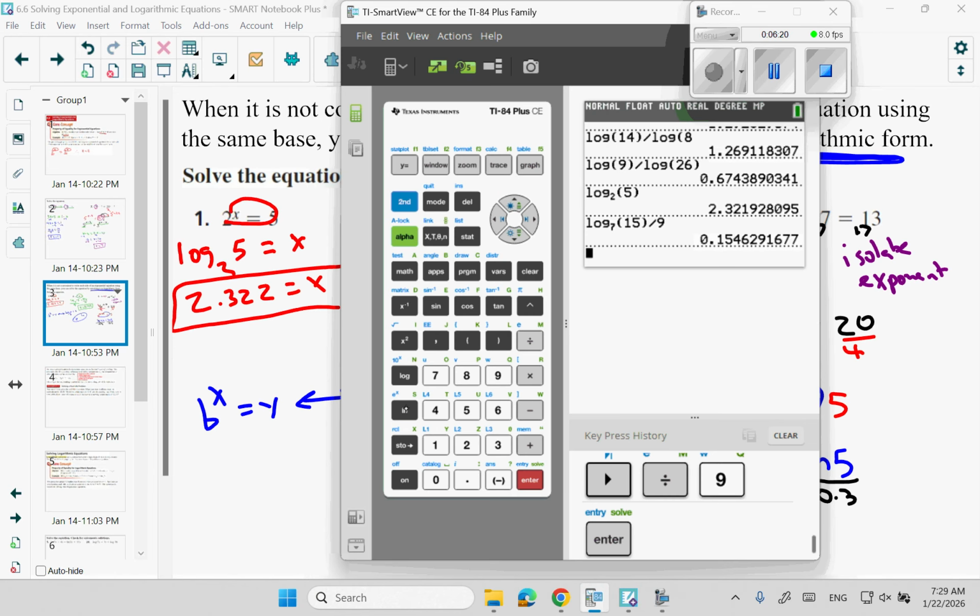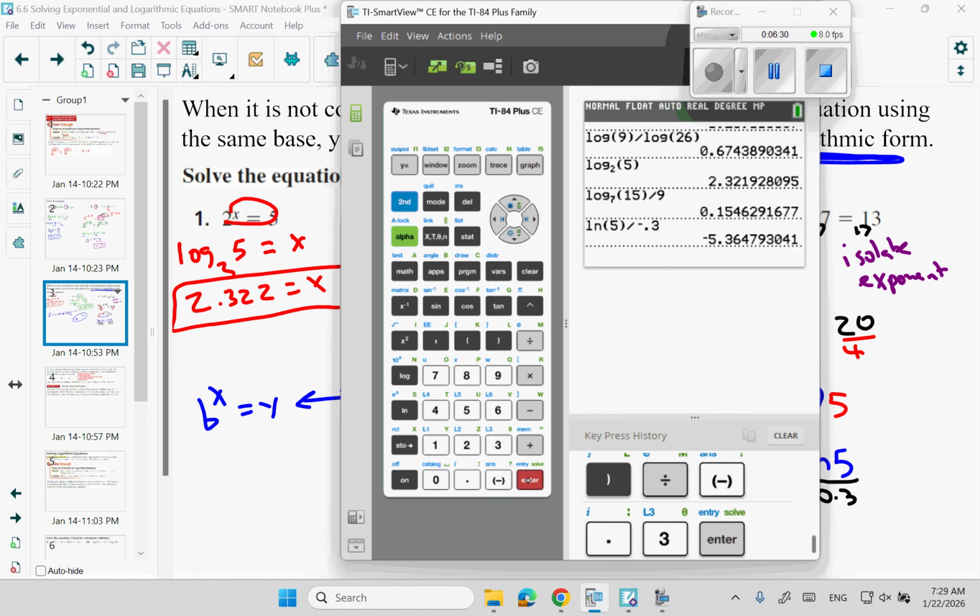So we get natural log of 5, make sure we close the parentheses, divide by negative 0.3. And we get negative 5.365.